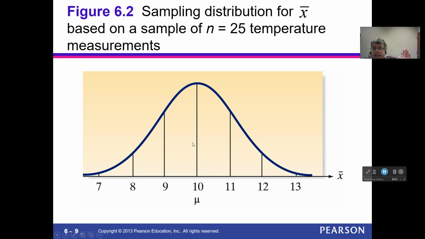We could get sample means from 0, negative, all the way up to an infinite number, depending upon which 25 days we picked out of the last 50 years. It's possible, even in a random sample, that we could have grabbed some outliers, right? We could have picked the coldest days in the year, the hottest days in the year randomly. But the probability of doing that is very small.